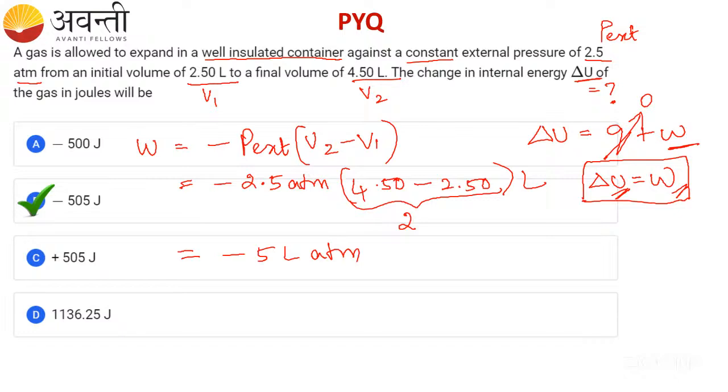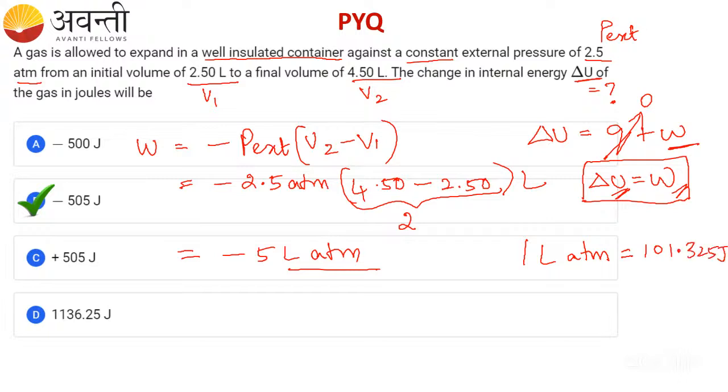And now we have the values. I have given you the answer as option B, so let's try to arrive at that option B. In all the cases, the answer is given in terms of joules. So we have to convert this liter atmosphere to joule. To convert 1 liter atmosphere to joule, you have to multiply by 101.325.